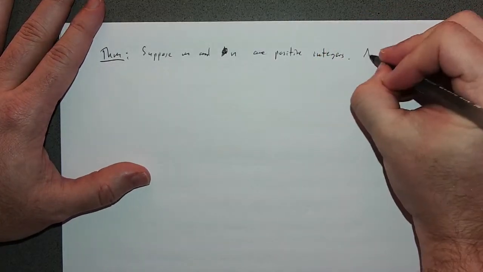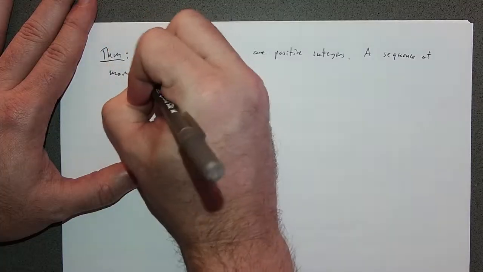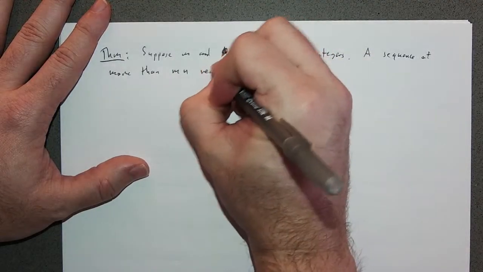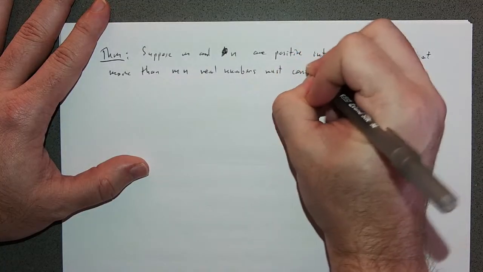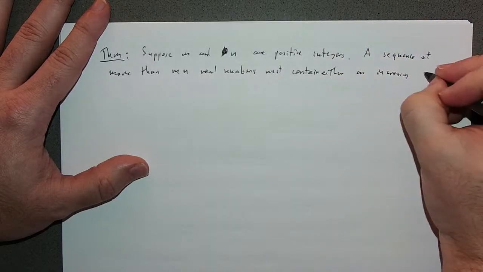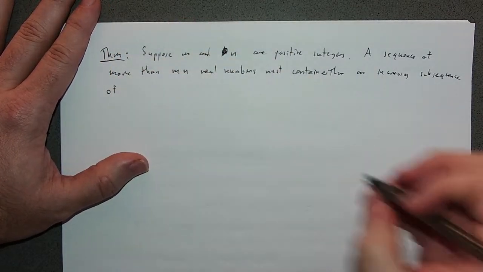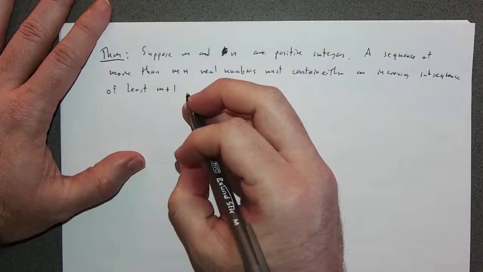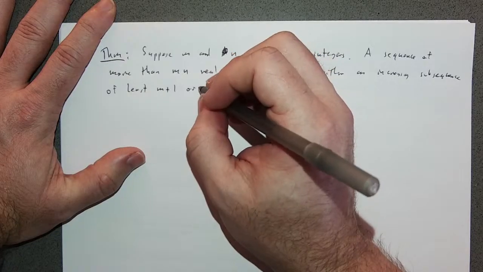A sequence of more than mn real numbers must contain either an increasing subsequence of length at least m plus 1, or a strictly decreasing subsequence of length at least n plus 1.